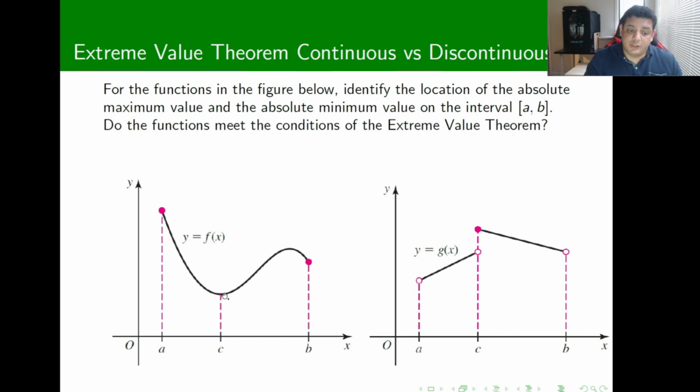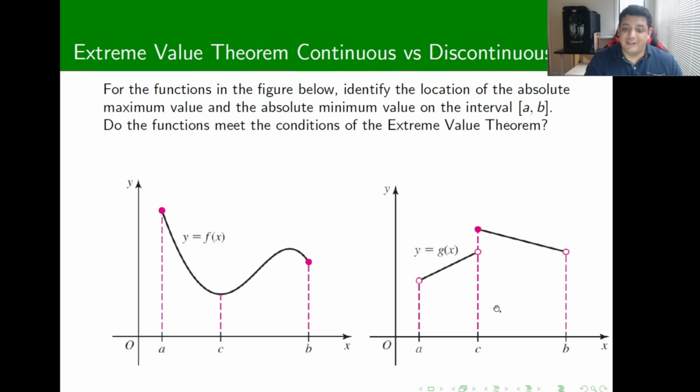Now this function is continuous, it's on a closed interval, and therefore this satisfies the extreme value theorem. Now in this case, we don't have the extreme value theorem. Notice that we do have the function defined on an interval, but the interval is not closed because the endpoints are open, and we have a discontinuity here.